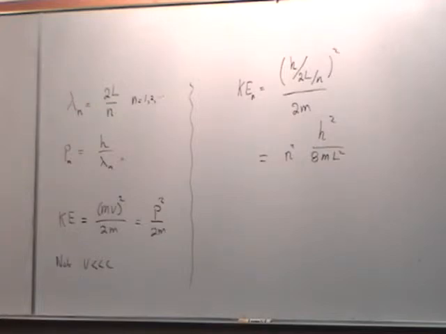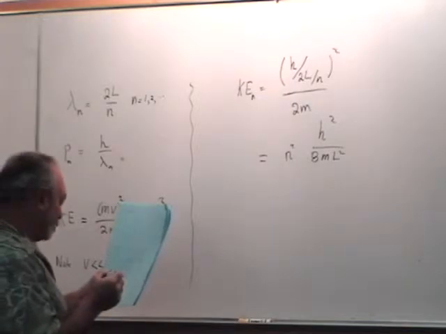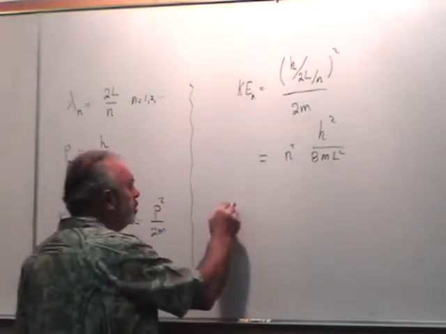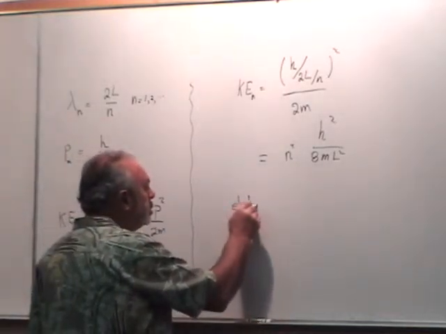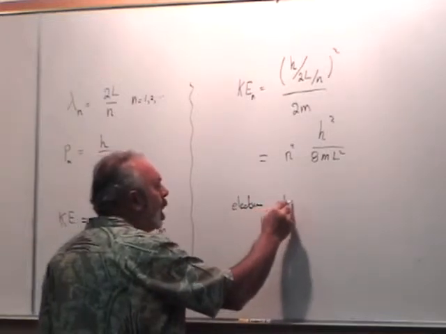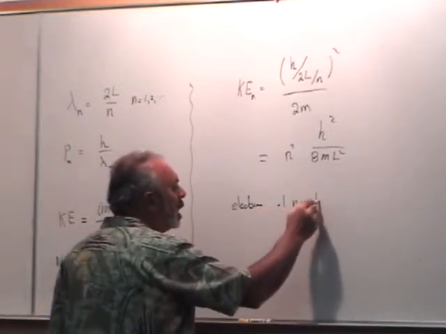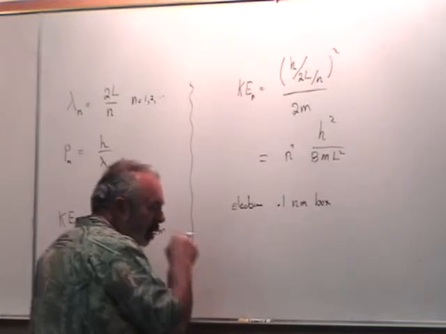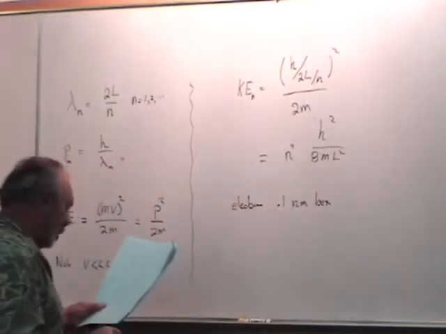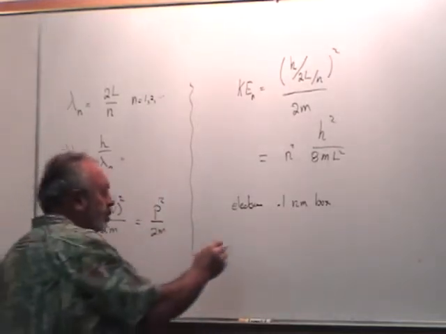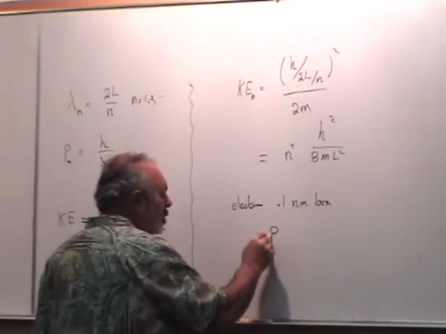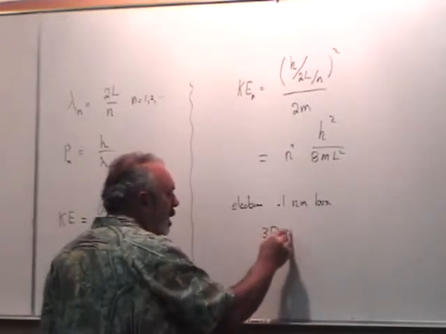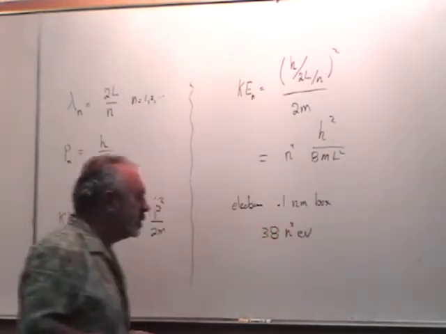Then we did the problem, and I think it's on the paper. You discovered that for an electron in a 0.1 nanometer box, you should have known the solution. 38 n squared electron volts.